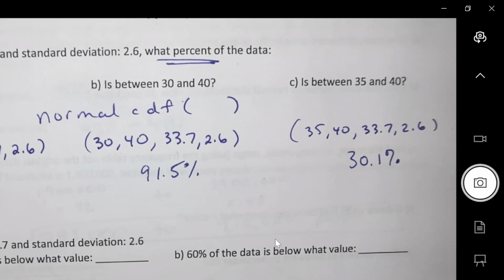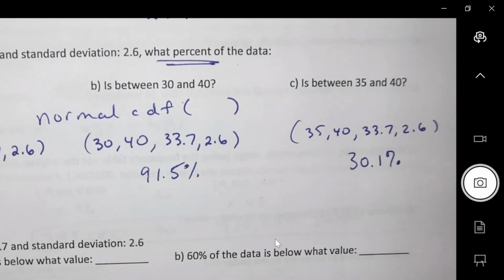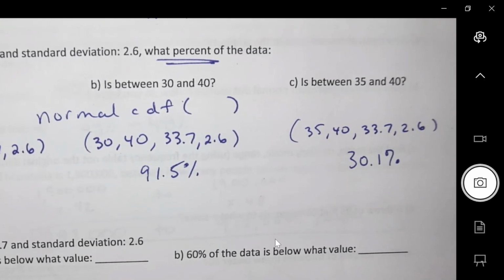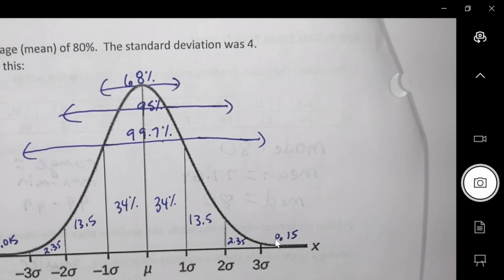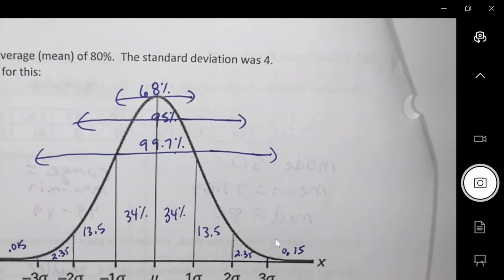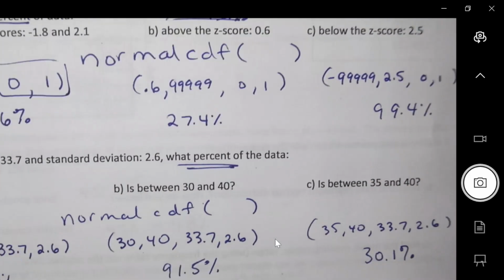I got on the second one 91.5%, and then I got a 30.1%. Got some matches. So, do you have a big star? To get percent, normal CDF. To get the percent. Okay? Unless I specifically say get the percent using the 68 rules. When I say use the rules, then you got to use that chart. But when I say get the percent, normal CDF.